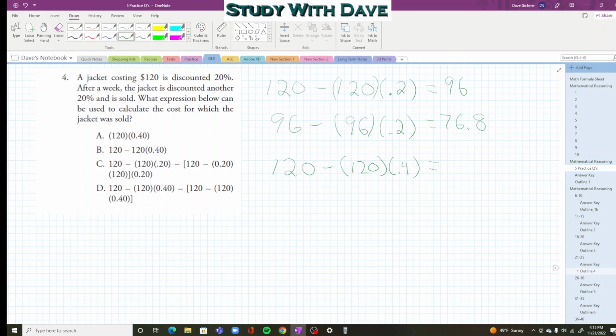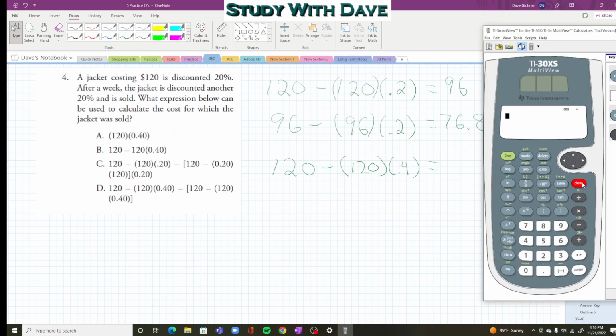So this is not going to equal the same. Let's just for proof go ahead and plug it into the calculator. So as you can see, 72.